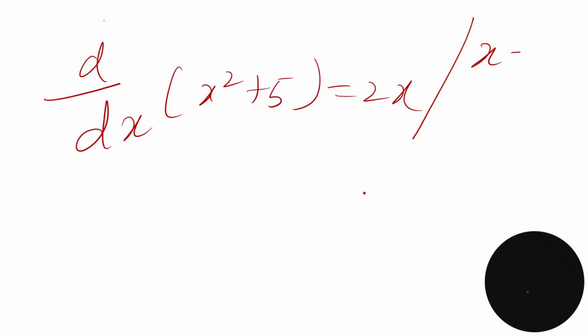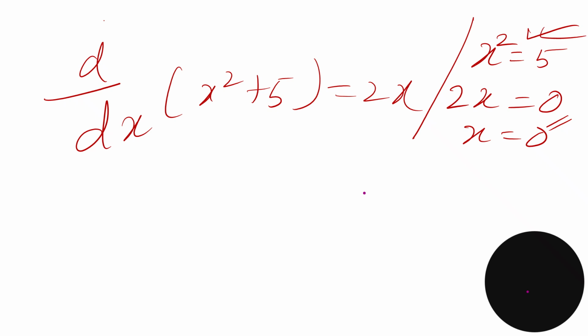For example, if x square plus 5 we are differentiating, the 5 becomes 0. So okay, this is okay. Therefore, when we integrate, we cannot. So come to this part. In differentiation, the constant directly becomes 0 in any equation.